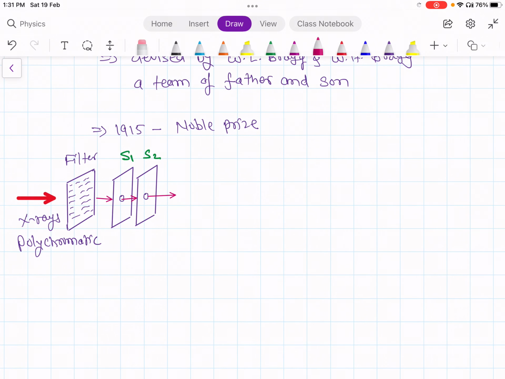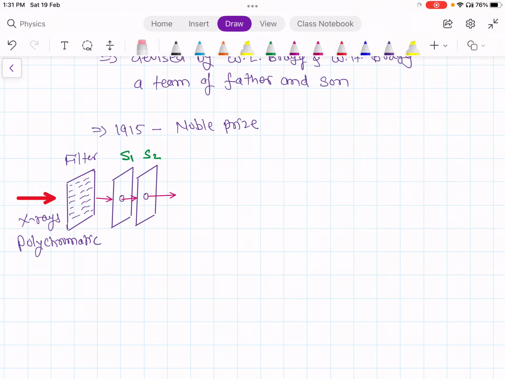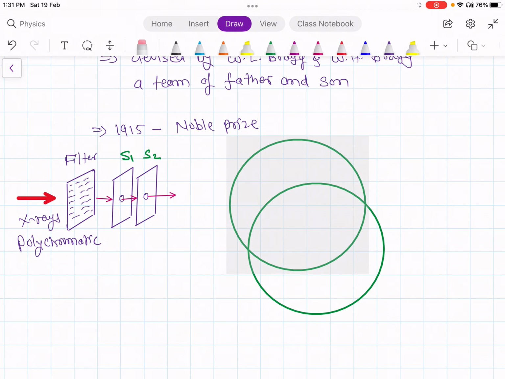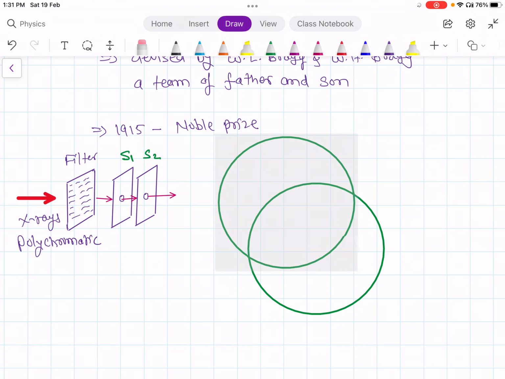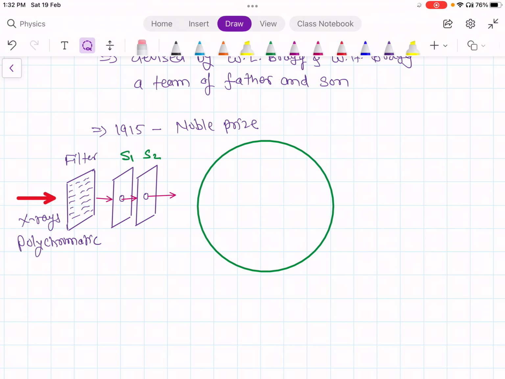Let me show the other one. What I am going to draw is a round table.